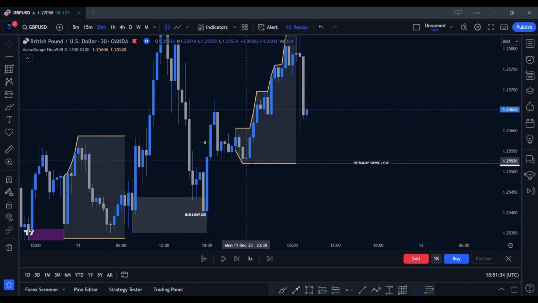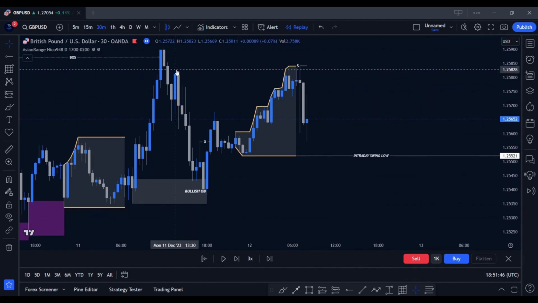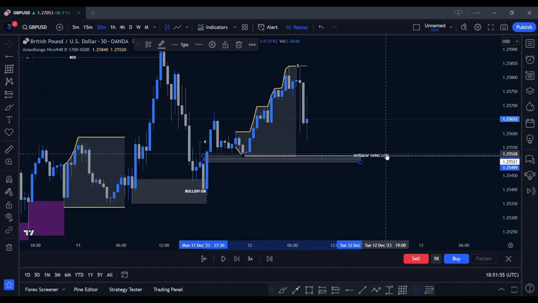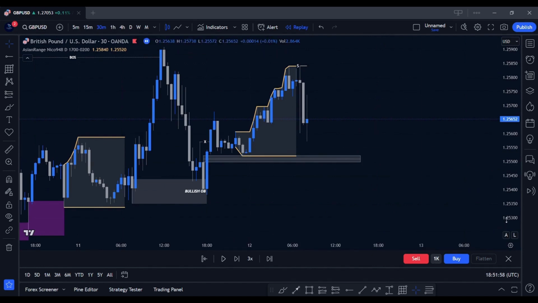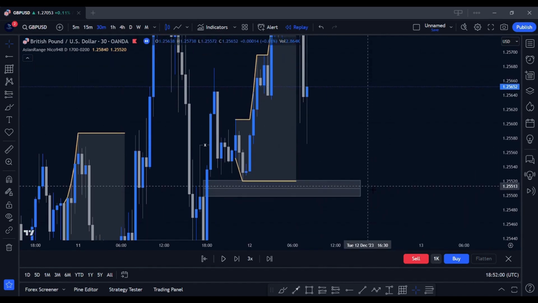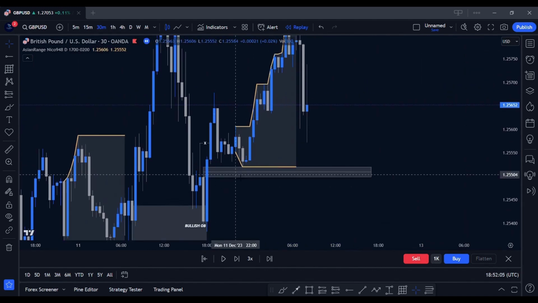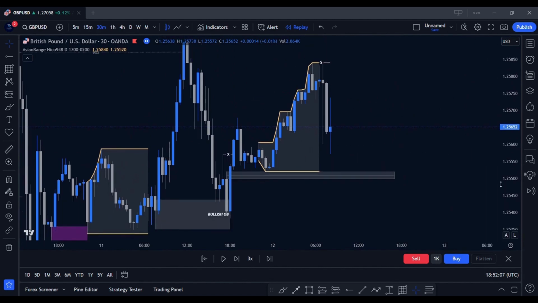Price came down a little bit, however failed to mitigate this bearish candle here, pushing to the upside and creating higher highs, obviously breaking above this area as well. So what that tells me is that there's a fair value gap of entry that we can see here. And let me just delete this. Therefore, there's a high possibility that price will retrace to this fair value gap before we can see a continuation.